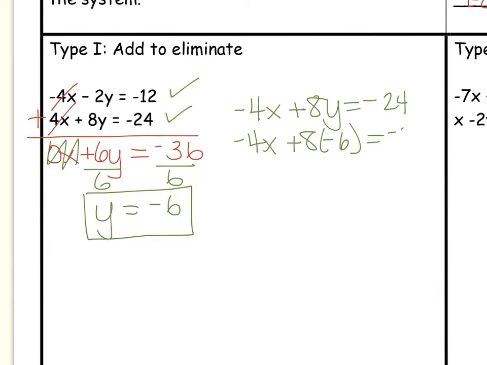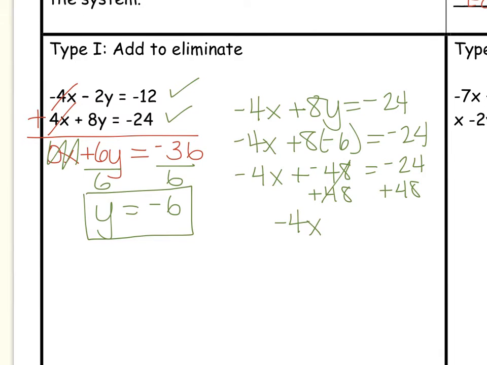It's 6. So if I multiply and then solve for x, I get 4x plus 48 equals 24. Subtract 48 from each side. They cancel.